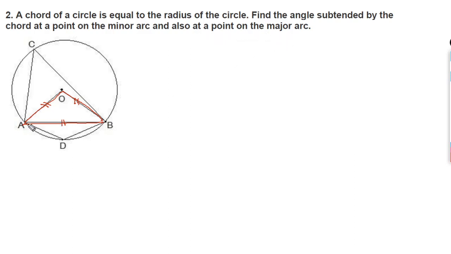So you can see that chord AB, angle subtended by this chord at a point on the major arc, angle ACB, this angle, and at the minor arc is ADB. Okay, so we have to find these two angles. So let's start it.